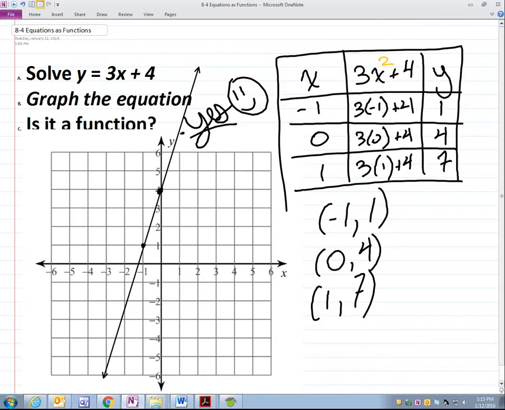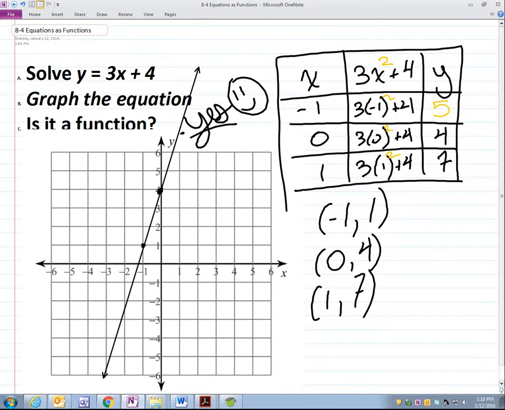Negative 1 squared is what? 1. So we have 1 plus 4 is 5. Then we have 0 squared, so that's just 4. Then we have 3, 1 squared, 3, 7.